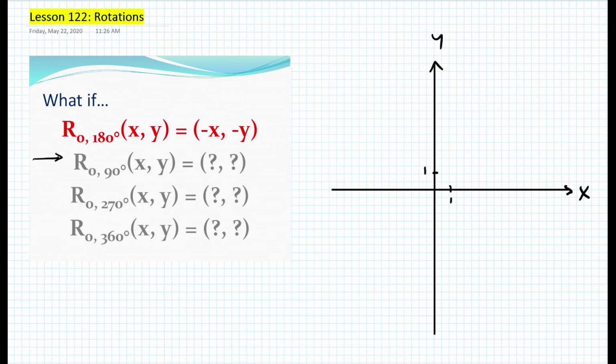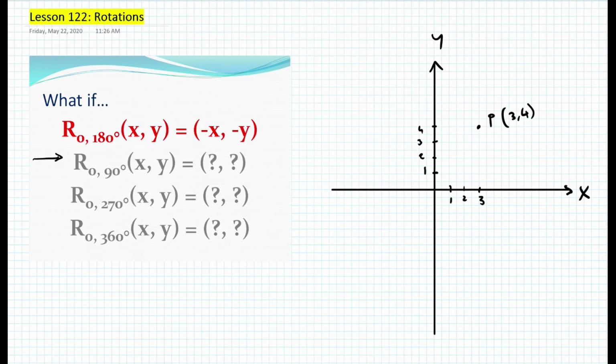Let's just pick a point. Actually, let's pick (3, 4), okay? So this is the point P, (3, 4), okay?